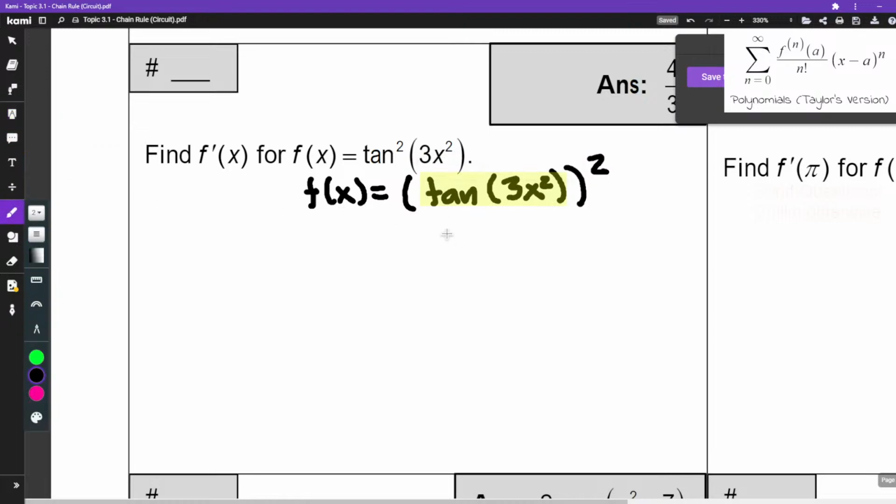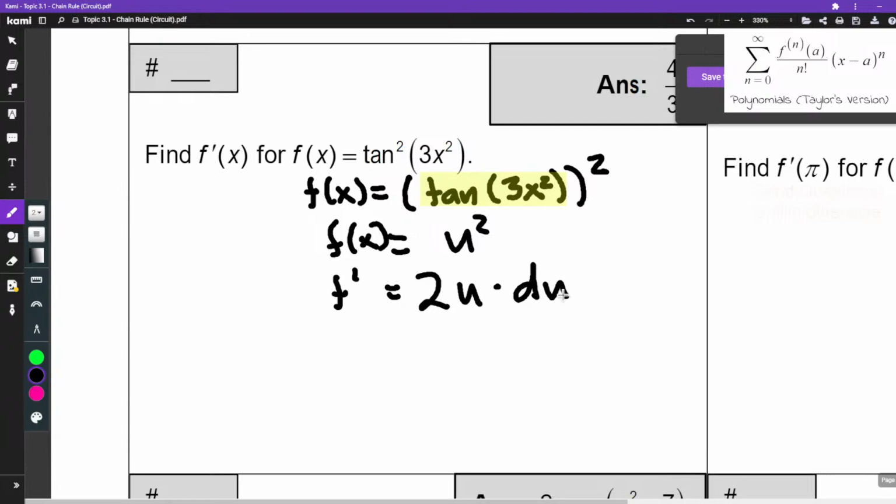So we chase that with u. And then you just go ahead and derive it. So you have f prime is equal to 2u times du. Simple.